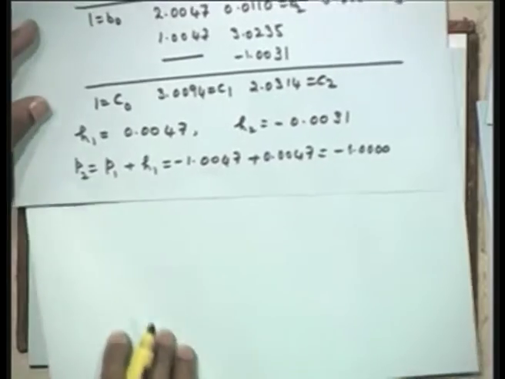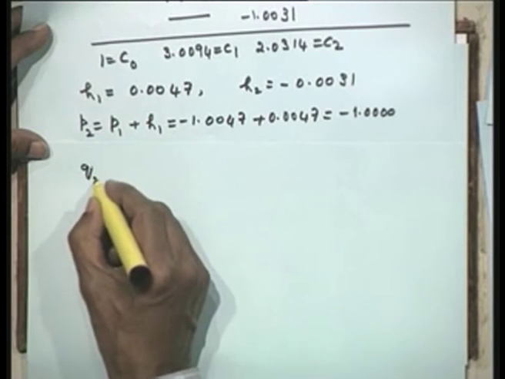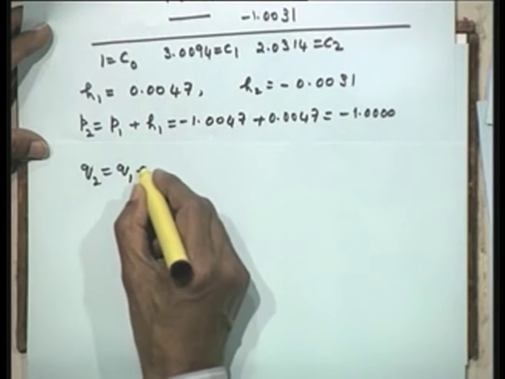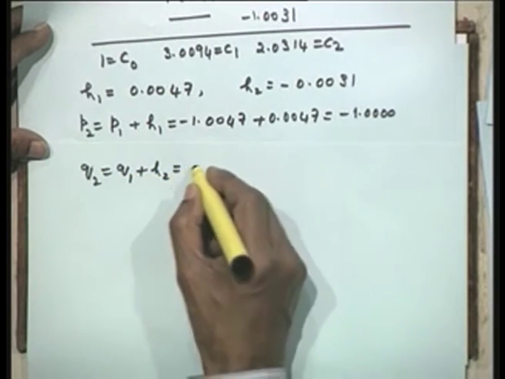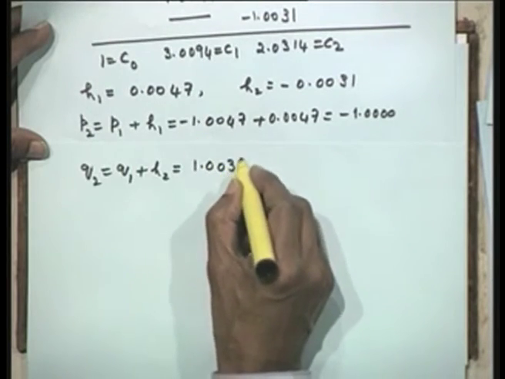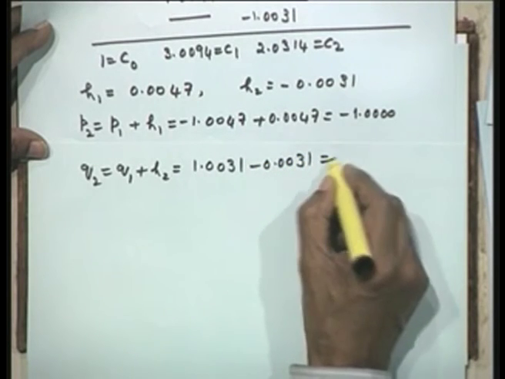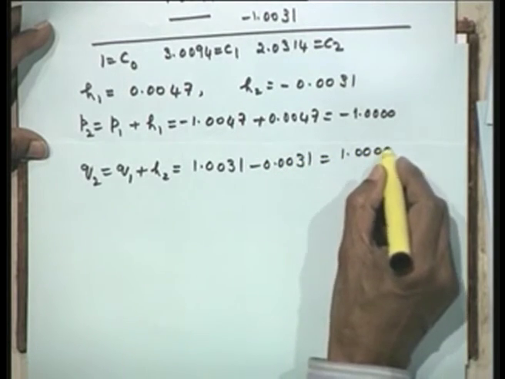And let me write down the next value. Now we have Q2 is Q1 plus H2, and Q1 is 1.0031 and H2 is minus 0.0031, and that is 1.000.